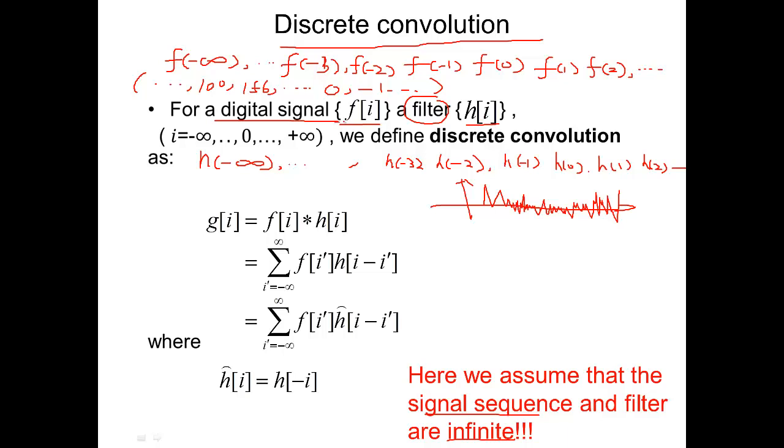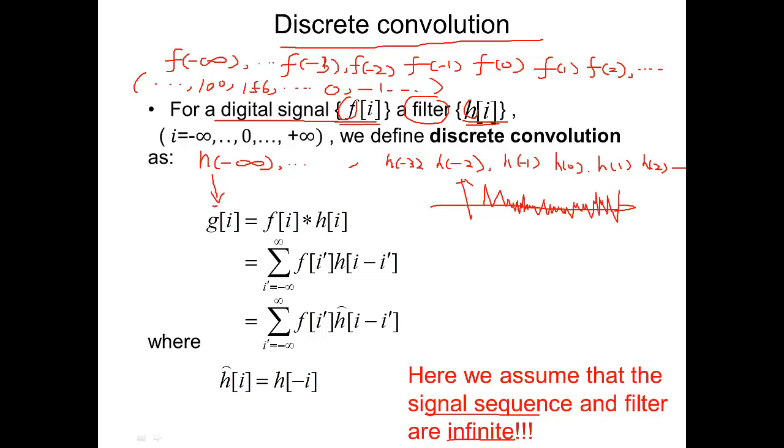We have these two things. Then the discrete convolution of sequence f and sequence h is also an infinite sequence and can be explained as follows.